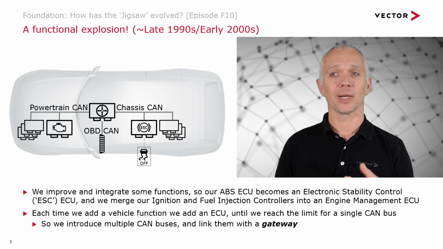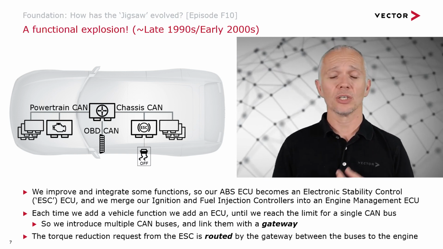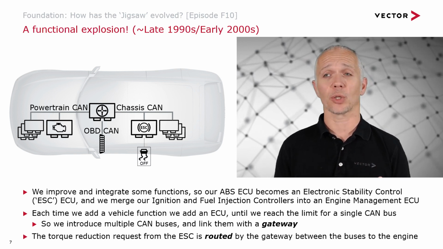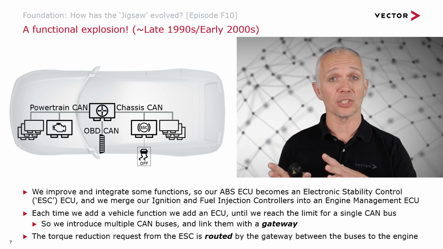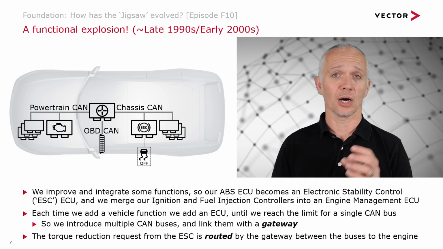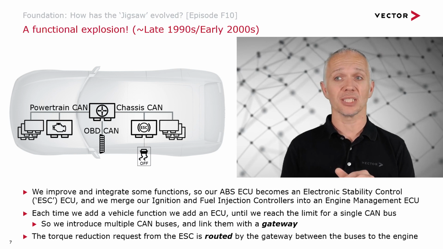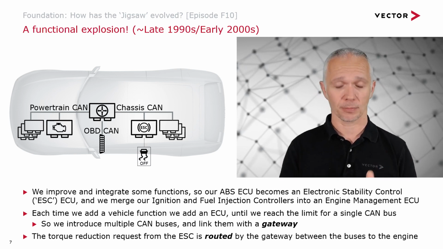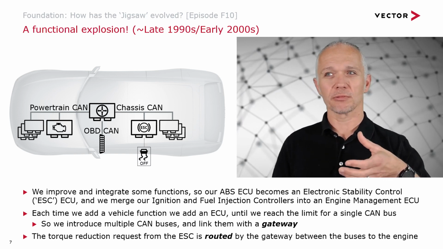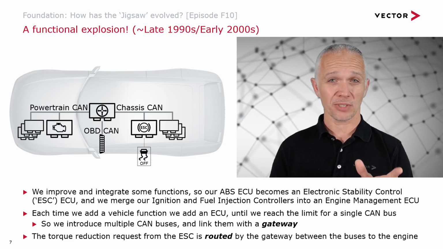And the job of the gateway now is to route data between the networks, and the torque reduction request that we're sending from our ESC ECU to our engine management ECU is one of these items which is going to be routed by that gateway between the chassis CAN bus and the powertrain CAN bus. So we're in 2021 now, 20 years ago roughly.